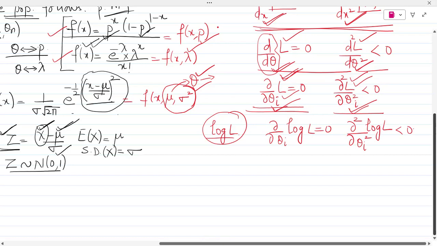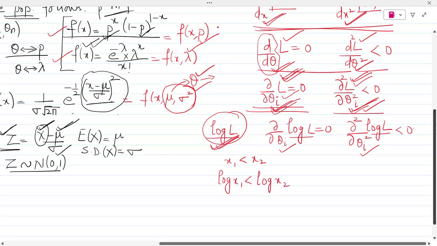Here one property we are using: those values of theta or theta i which maximize L also maximize log L. I repeat, the log function is an increasing function, meaning if x1 is less than or equal to x2, then log of x1 will be less than or equal to log of x2.